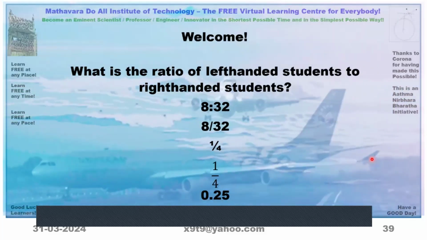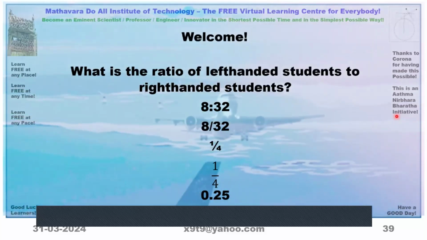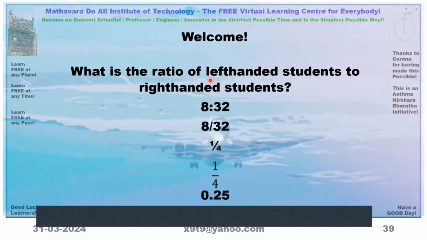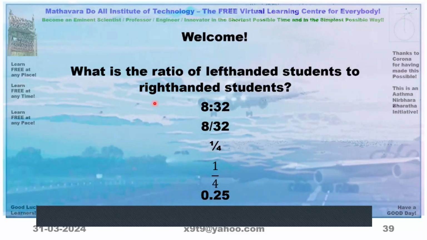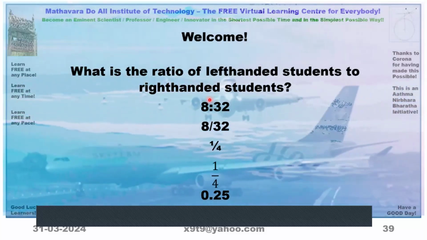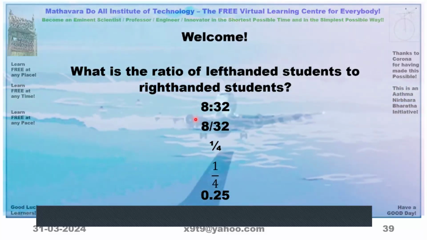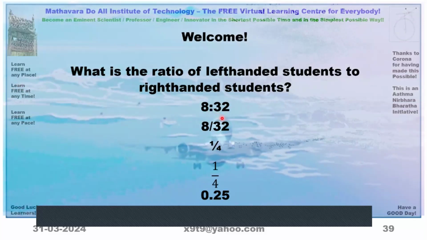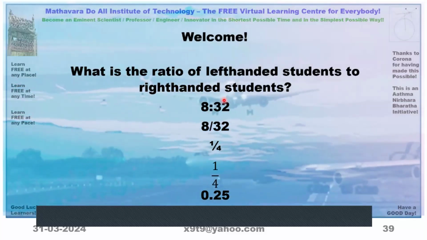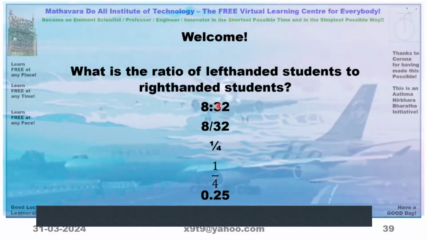So the ratio of left-handed students to right-handed students. Left-handed comes first, right-handed comes after, in that order. So first we write 8 and next we write 32. So this is 8 to 32.